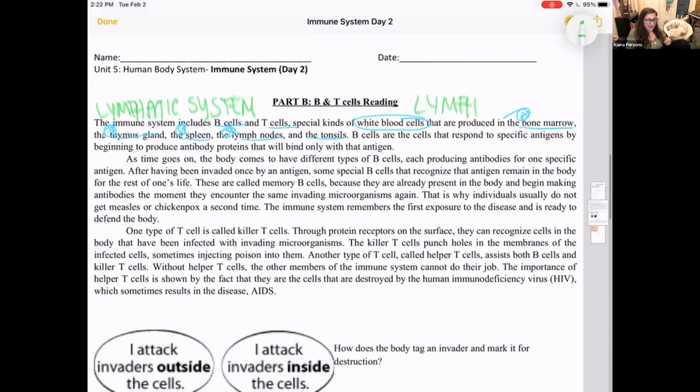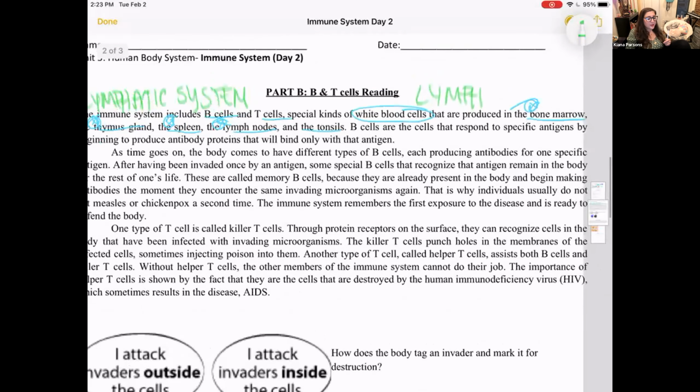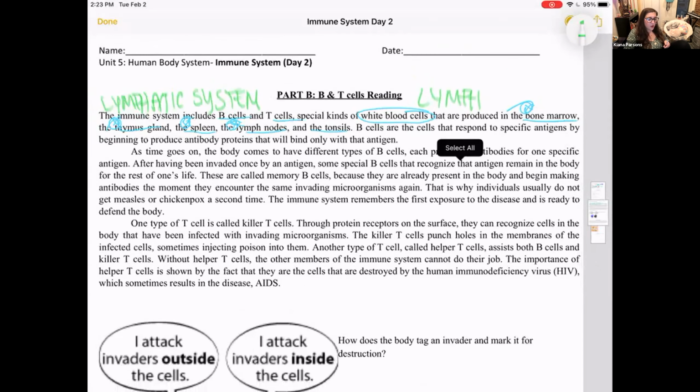Well, B cells are the cells that respond to specific antigens by beginning to produce antibody proteins that will bind only with that antigen. So B cells respond to specific antigens, and they produce antibody proteins that will bind only with that antigen.